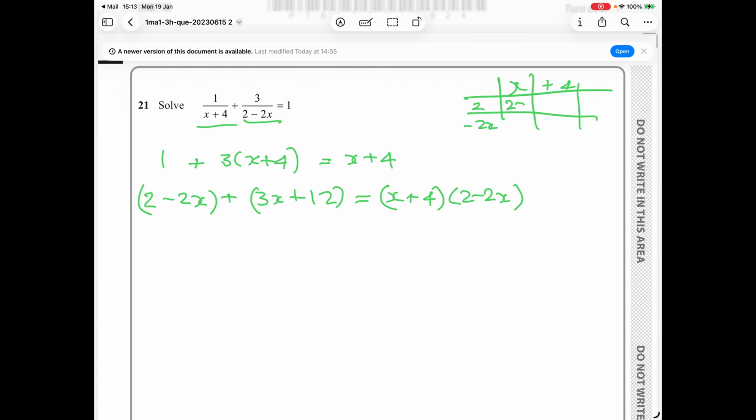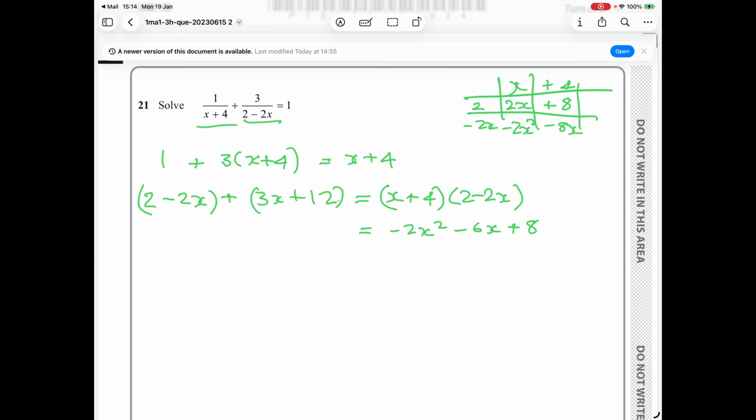So that's 2x plus 8 minus 2x squared minus 8x. And so that equals, let's just check, minus 2x squared minus 8x plus 2x is minus 6x, and then plus 8.